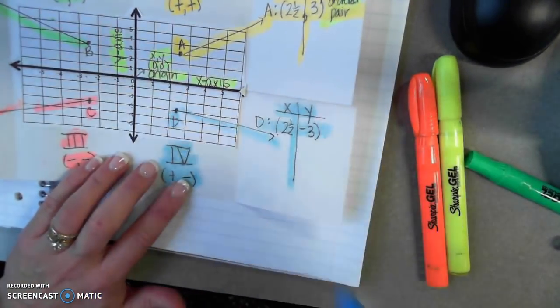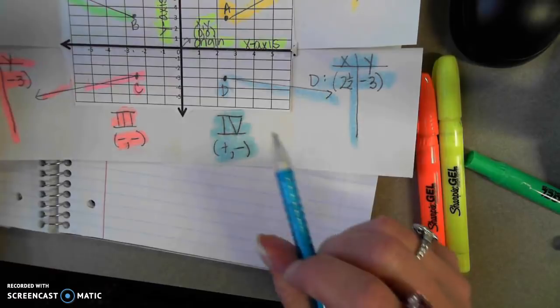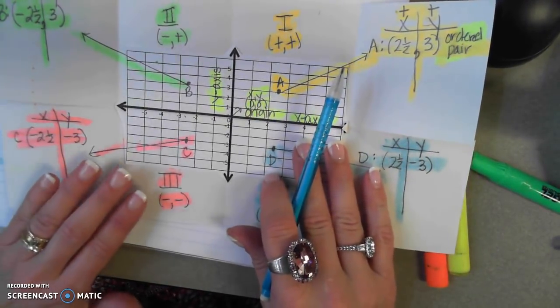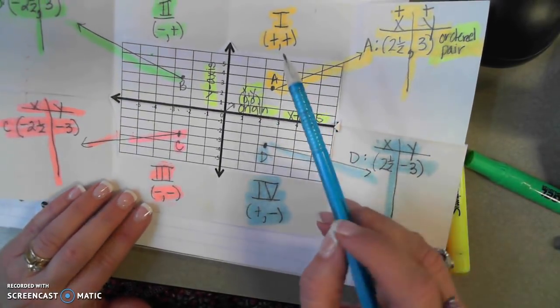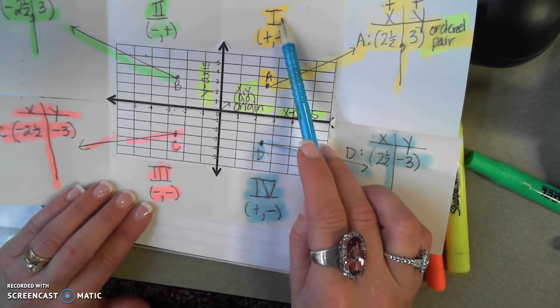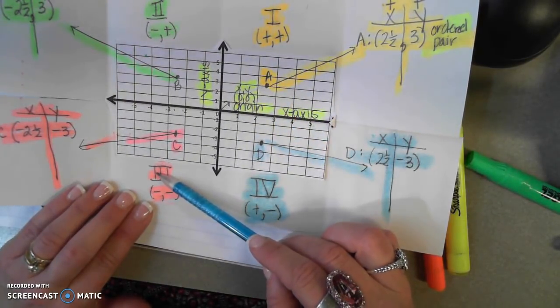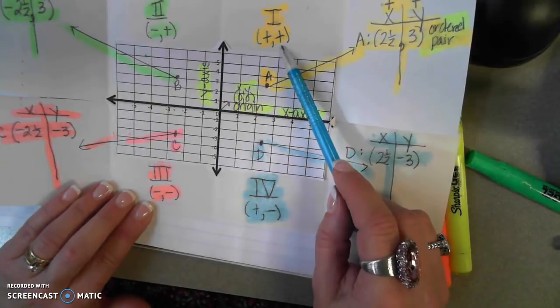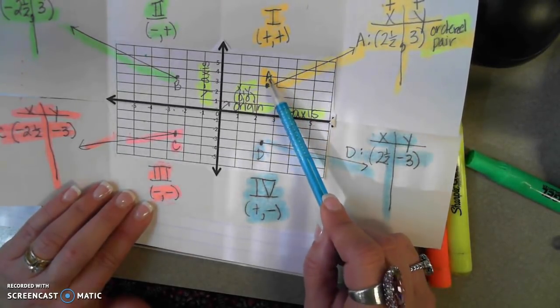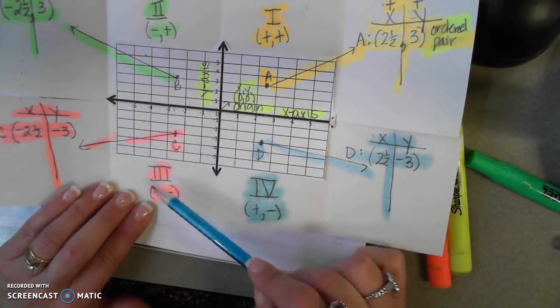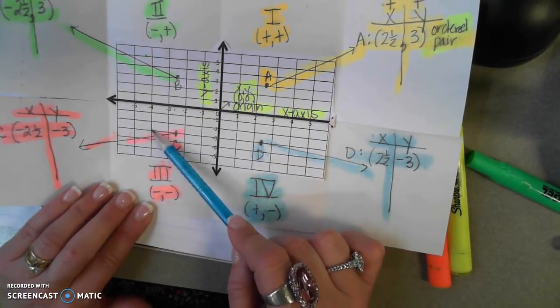All right, so what I want to point out here is, as we finish this up, quadrant number 1 and quadrant number 3 have similarities because both of them have to be positive to land up here, and then the diagonal one, both of them have to be negative to land down here.